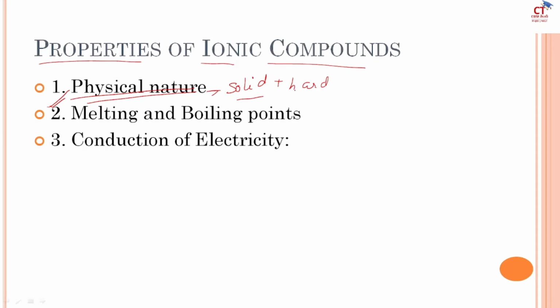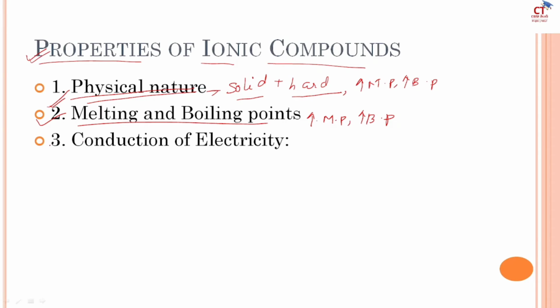They are solid and hard, and they have high melting point and high boiling point. What are these? These are properties of ionic compounds.